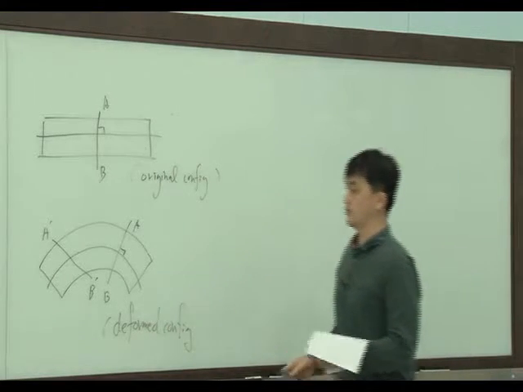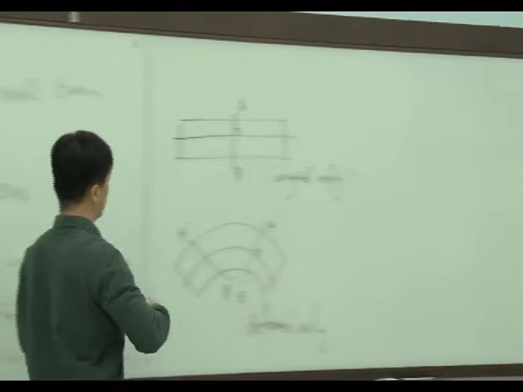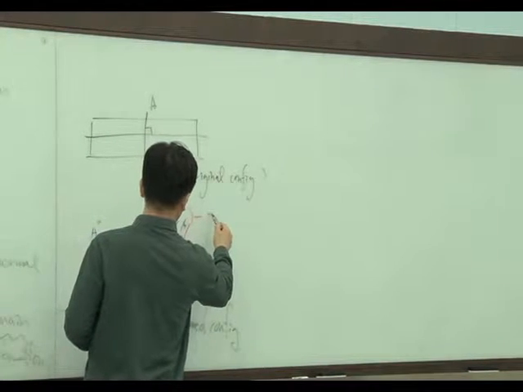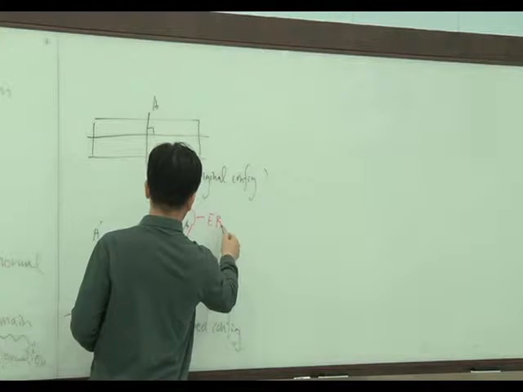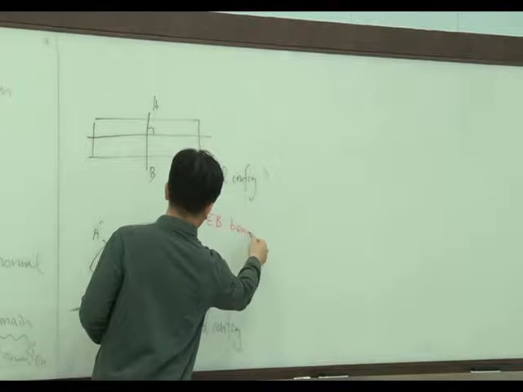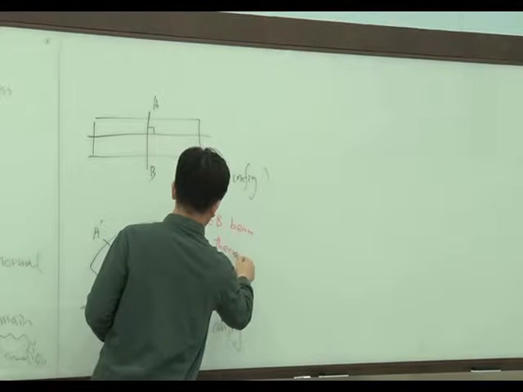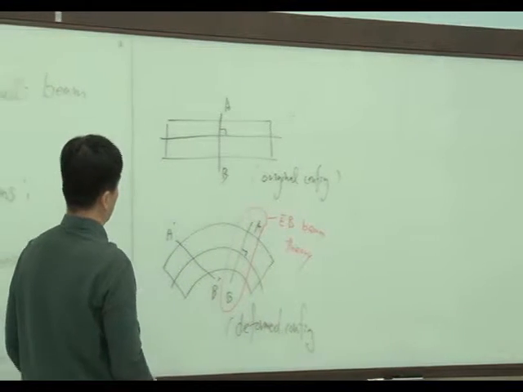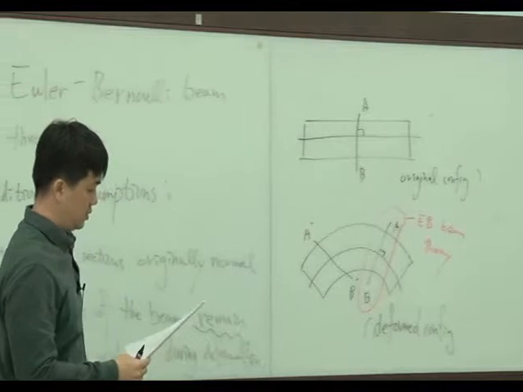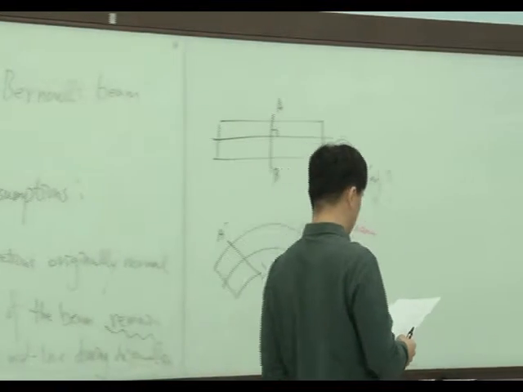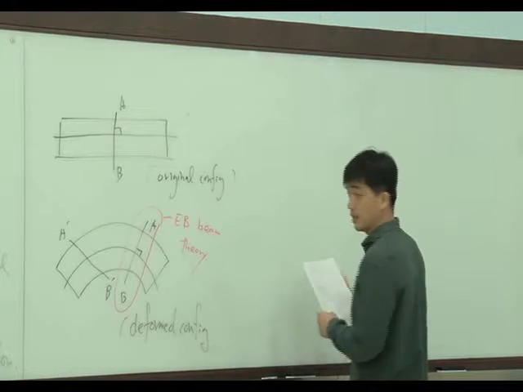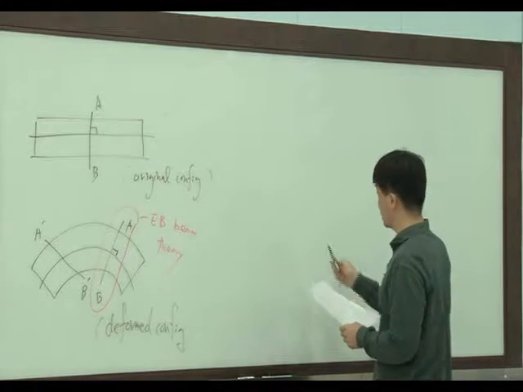So this is the assumption for Euler-Bernoulli beam theory. Now we understand the beam theory assumption, and now let me derive the equations for kinematics.